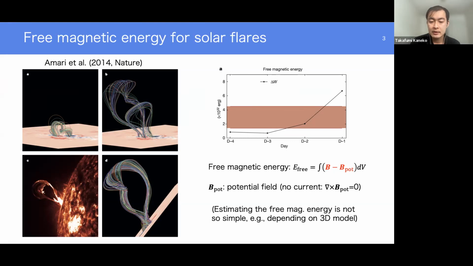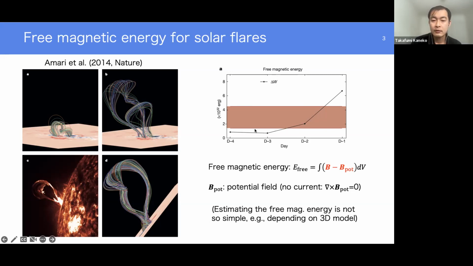And if the field deviates from the potential field, the magnetic energy has room to be converted to thermal or kinetic energy. So it is free magnetic energy. And if we can obtain the 3D magnetic field, for example from a data-constrained model, we can evaluate the free magnetic energy as a volume integral.